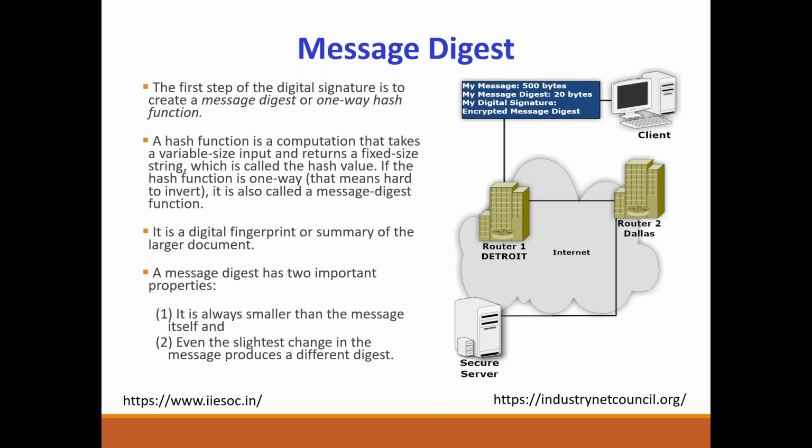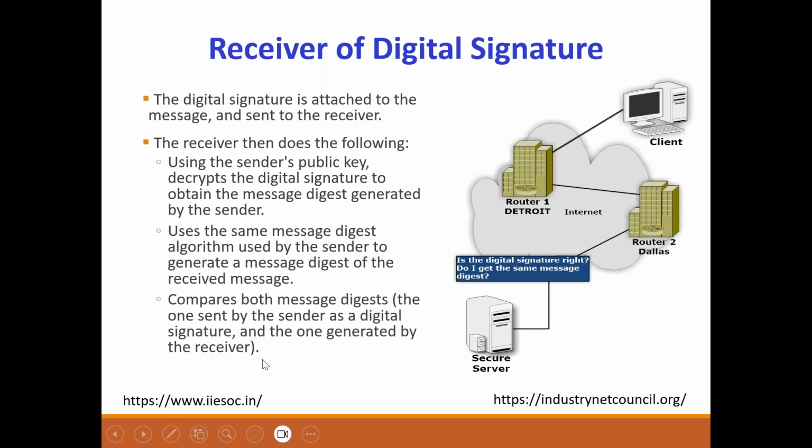That's key. One of the things you'll hear about is hash collisions. That means that you took in two different messages and they ended up creating the same message digest. And that is something you do not want.